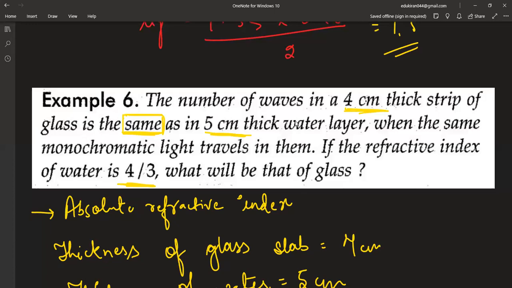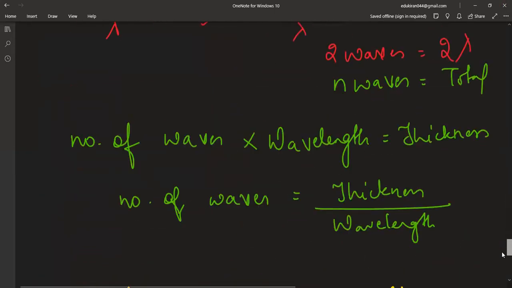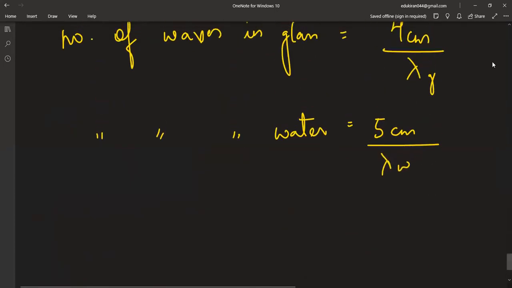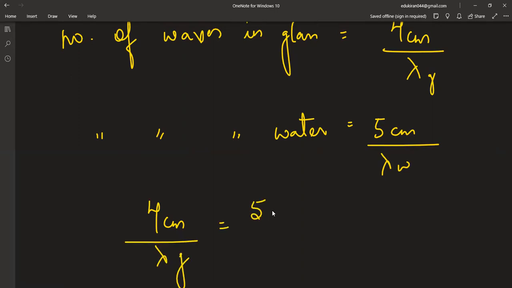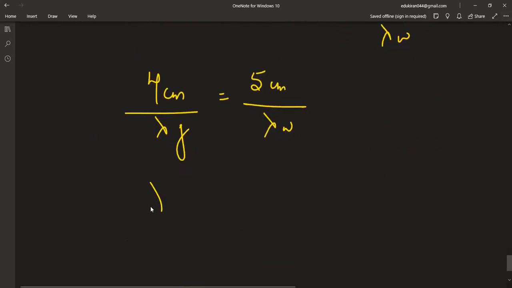Number of waves is same, right? So it means I can equate this with this. 4 centimeter by wavelength in glass is equal to 5 centimeter by wavelength in water. So wavelength of glass by wavelength of water is equal to 4 by 5 simply.